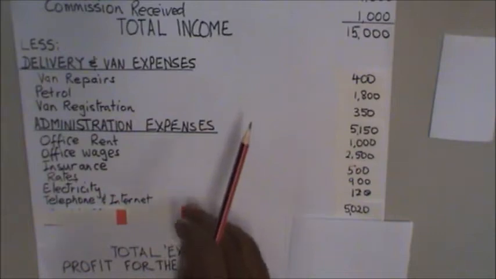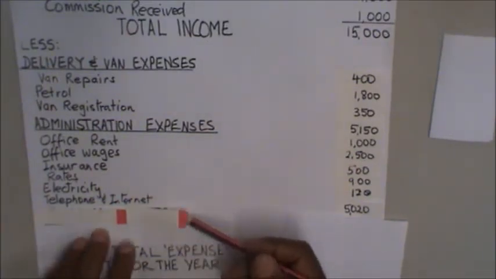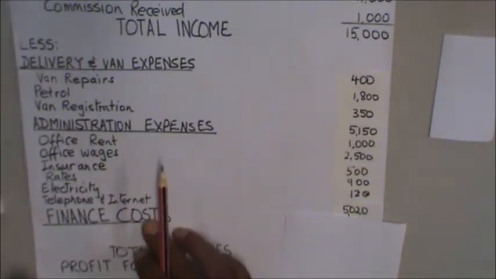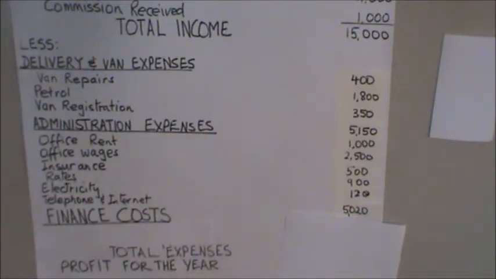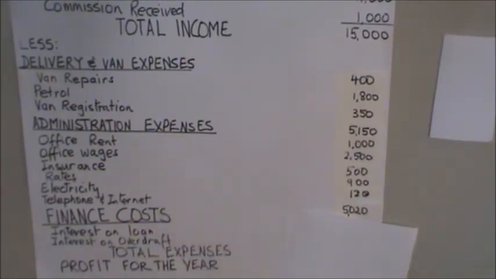And then the third category was finance costs. In finance costs, as you remember, the only expenses that come in are interests on either overdraft or loan or mortgage. In this case, interest on loan was 300, interest on overdraft was 150.